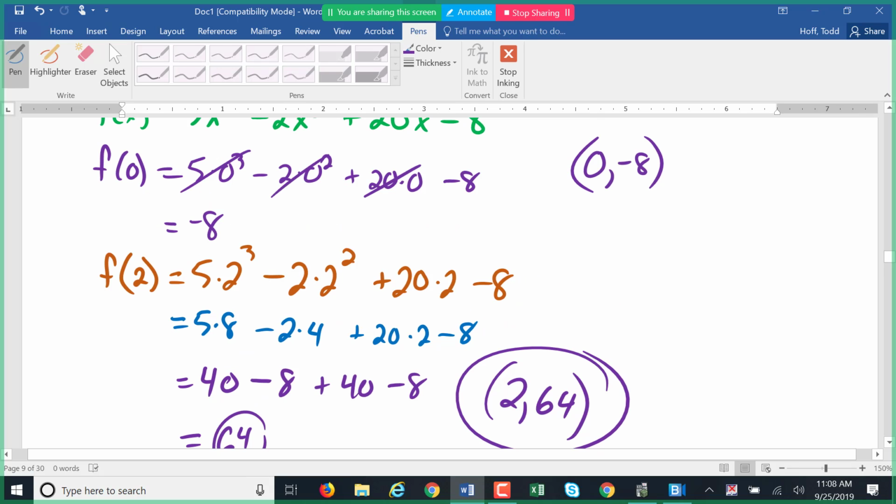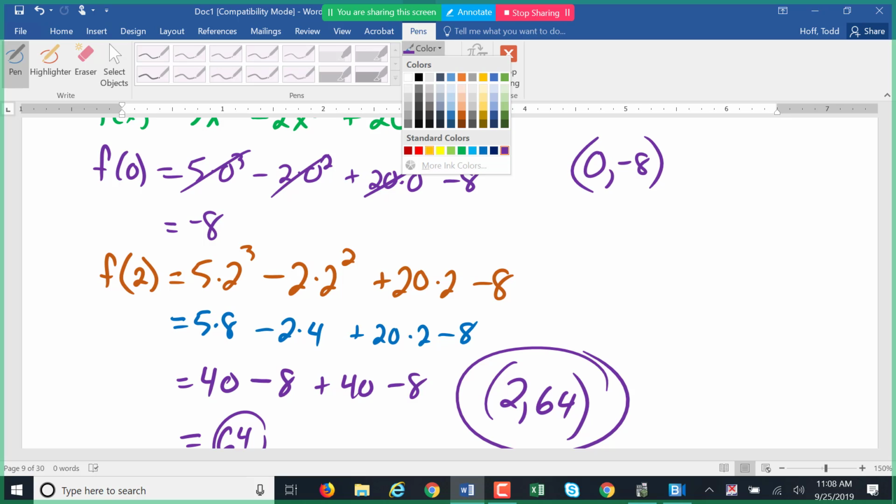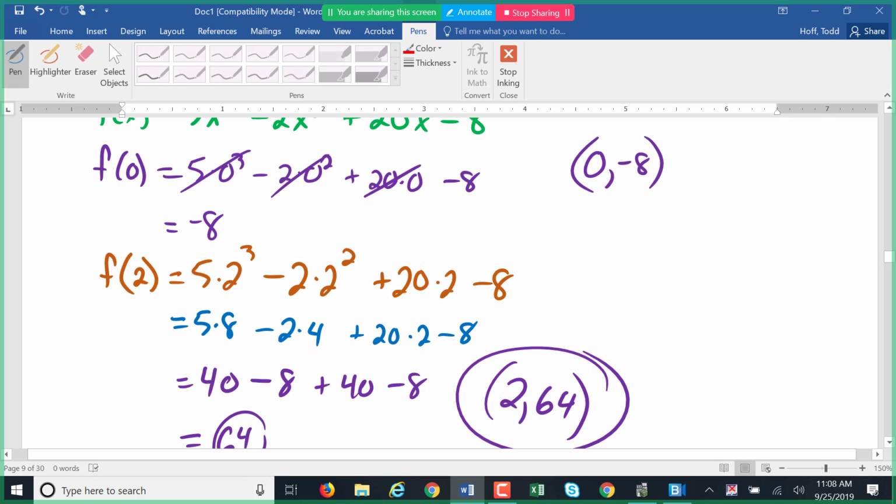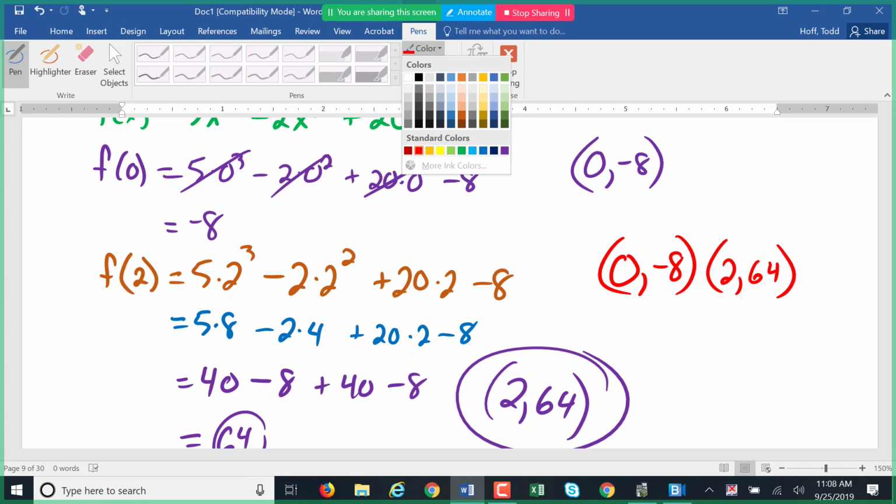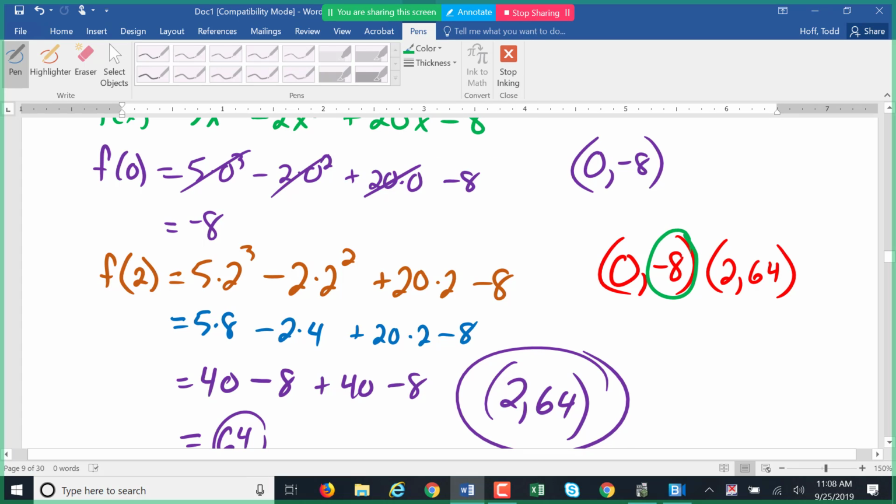Now you might be looking at these 2 points here thinking, so what? What do they tell us? Well, when x is 0, y is -8, and when x is 2, y is 64. Here, the y value is negative. Here, the y value is positive.